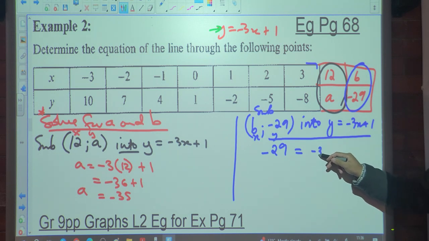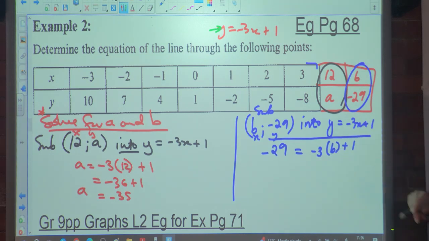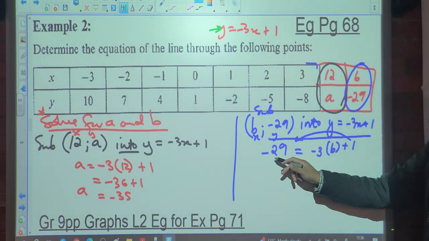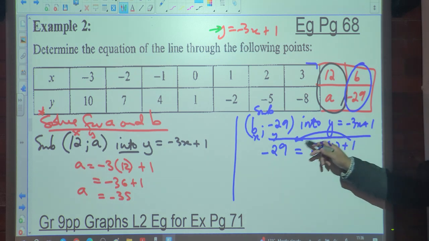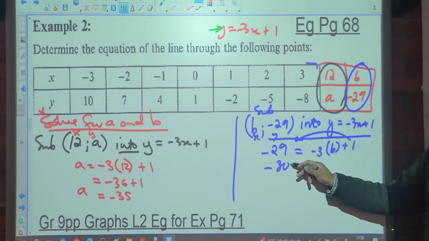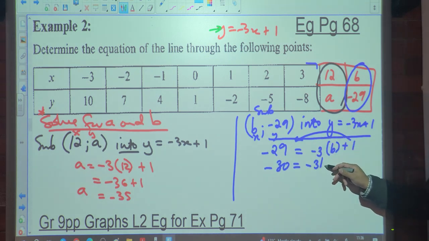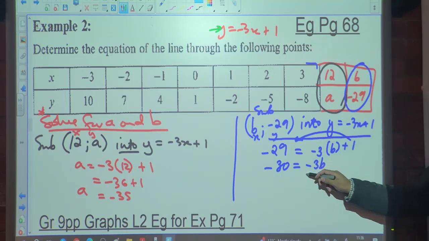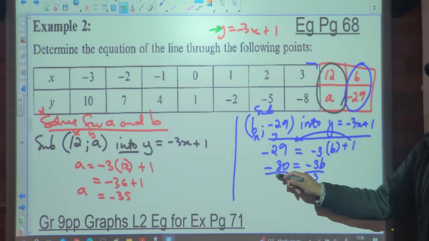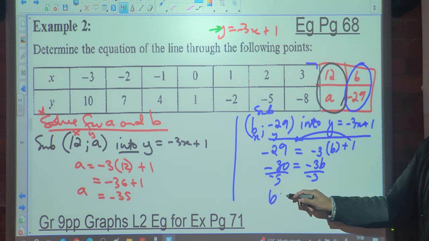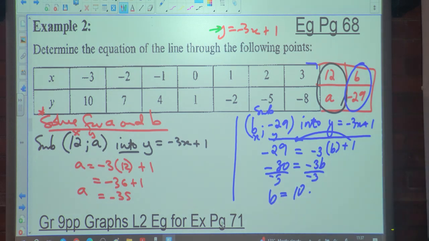Equals negative 3 times P plus 1. Take that over the equal sign. What do we get? Negative 29 minus 1 is negative 30 is equal to minus 3b. Divide by negative 3 both sides. So b is equal to? You guys understand? Is there any confusion?